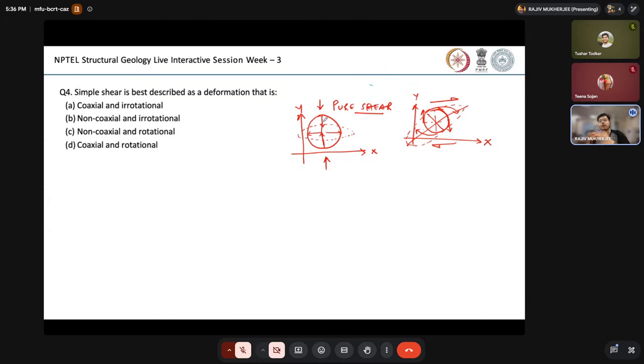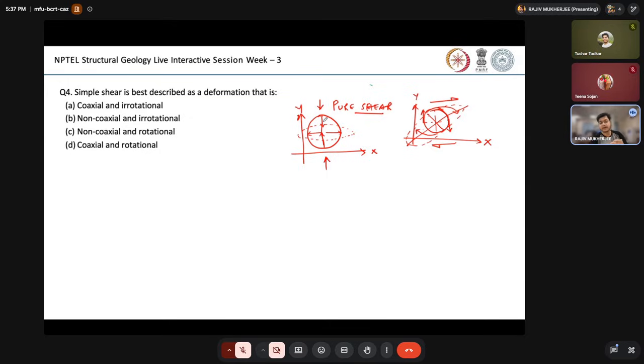And if there are no rotation components to the deformation, it has to be coaxial. For pure shear deformation, there are no rotational components involved. So that is why the principal axis of strains will maintain its axiality, and that is why it is coaxial deformation. So coaxial deformation is irrotational. That means it doesn't involve any rotation.